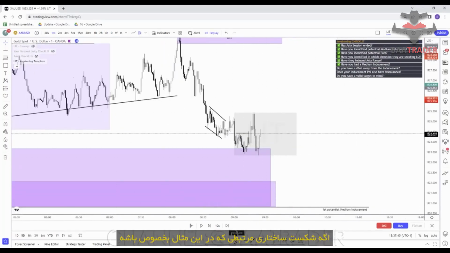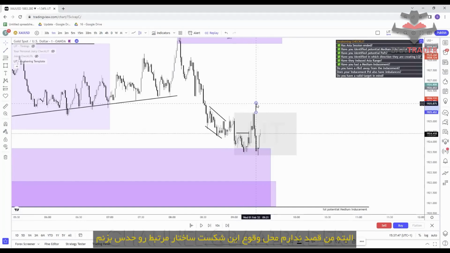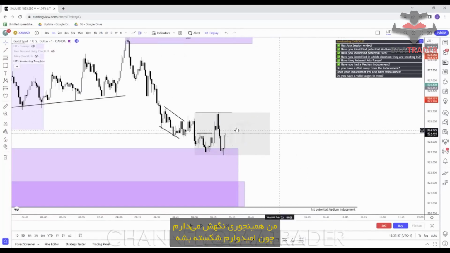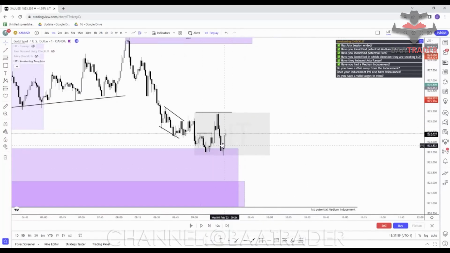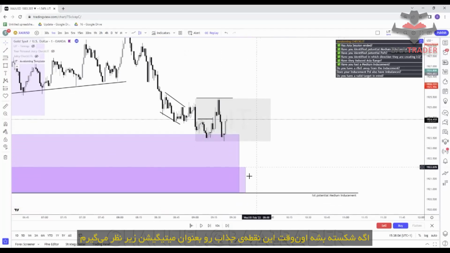What that would essentially be in this specific case is something at least above this at minimum. Again, I'm not going to guess where this relevant break of structure occurs. Let's just keep it like this and hope it breaks over. If it breaks over, then I'm looking at this POI for mitigation.